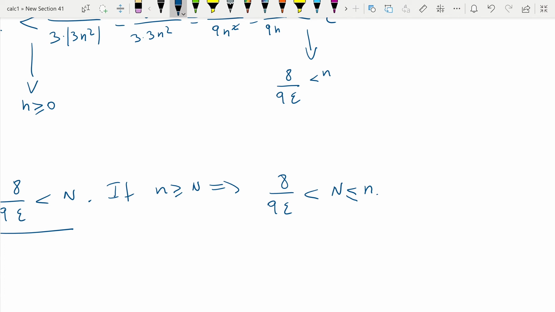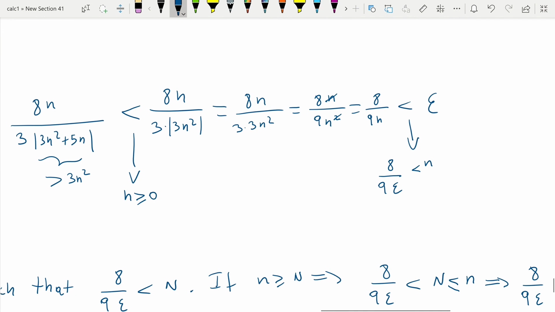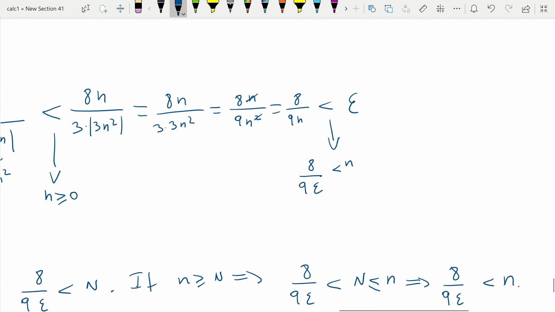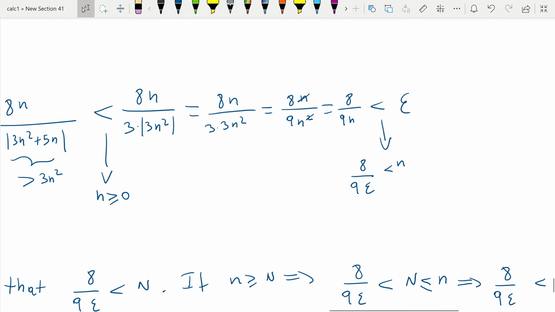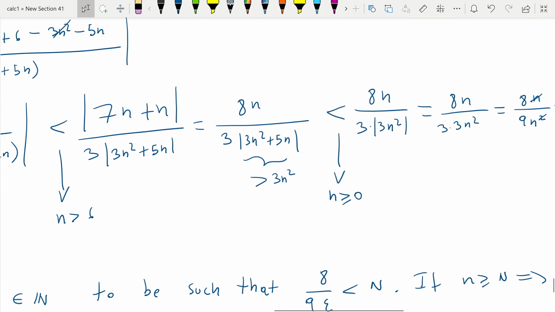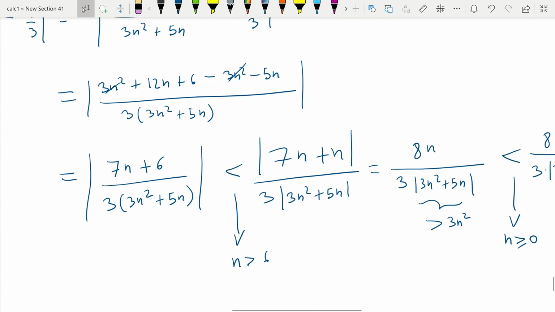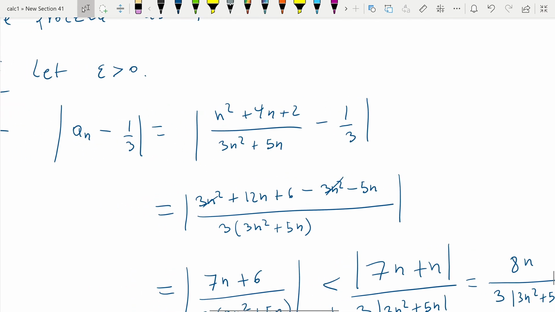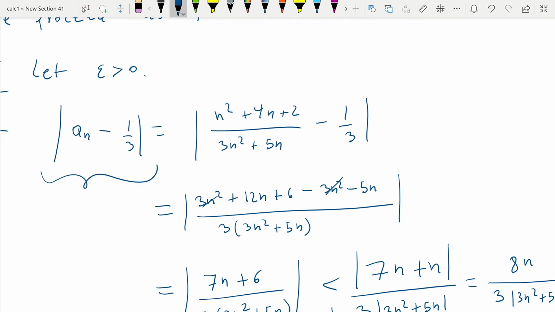And so then certainly n is going to be greater than 8 over 9 epsilon. But if that happens, if n is greater than 8 over 9 epsilon, then if you go back to this expression at the top, what we have is that a_n minus 1/3 is less than epsilon.